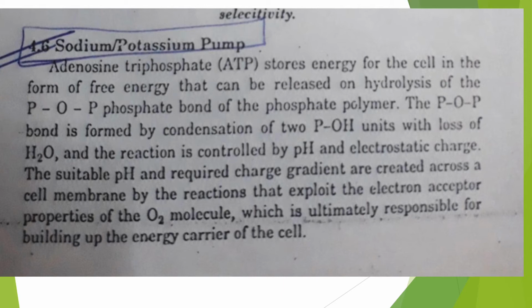Suitable pH and required charge gradient are created across the cell membrane by reactions that exploit the electron acceptor properties of the oxygen molecule, which is ultimately responsible for building up the energy carrier of the cell.